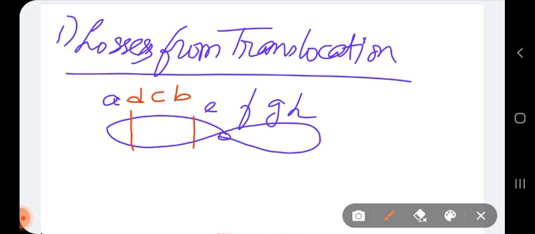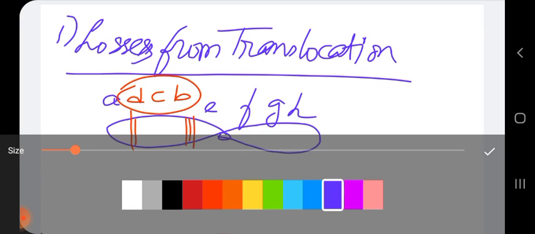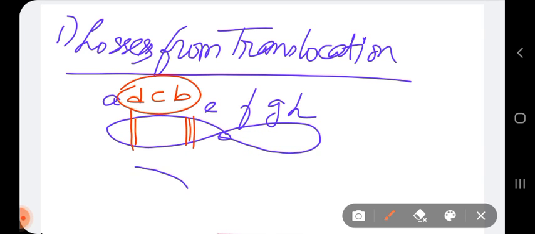Chromosomal inversion can also lead to deletion. Inversion involves two breaks, and the broken segment has to rotate 180 degrees. Now it becomes DCB instead of BCD, and then it has to be reunited at the two break points. If they are not able to do so, then what will happen?